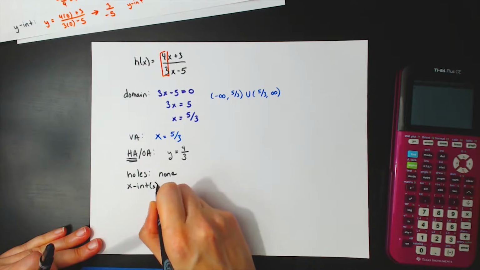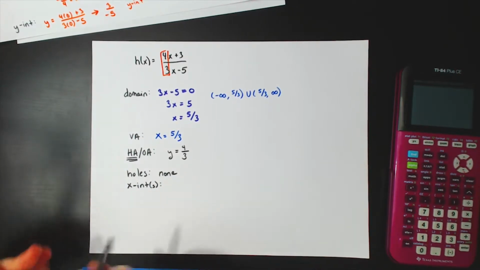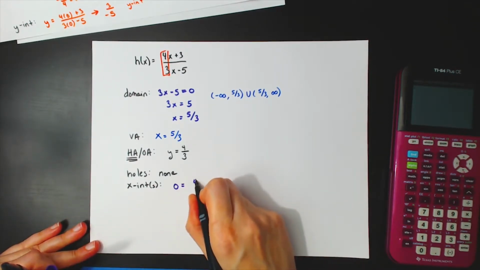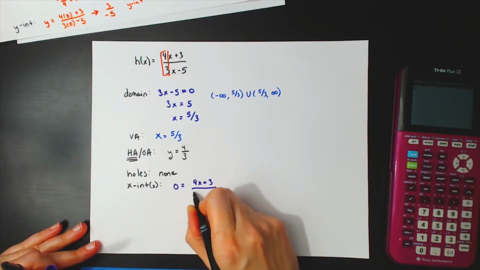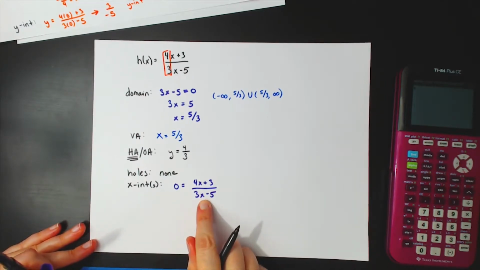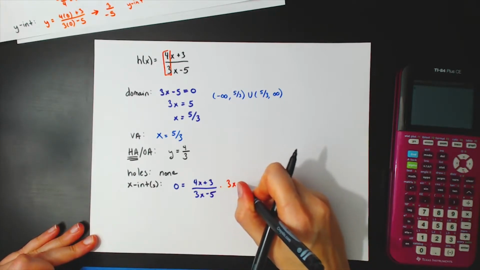Next up, let's check for x-intercepts. So to find an x-intercept, go ahead and plug in y equals 0. And let's see what we get. This looks pretty ugly to solve. The first thing I would do would be to multiply both sides by the denominator.